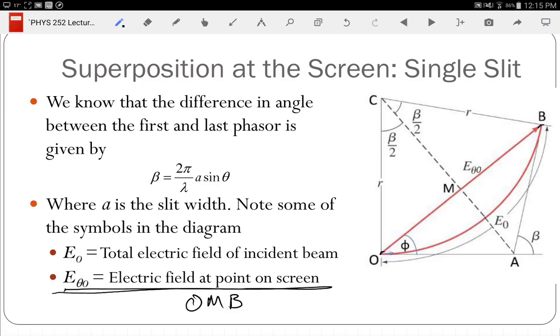If you follow the arc length, that gives you E0, the total electric field that went through the slit. And what we want to do is to find how these relate. Because the total intensity has to do with the amount of light that went through, the electric field that went through the slit. The intensity at this spot is going to have to do with that OMB.